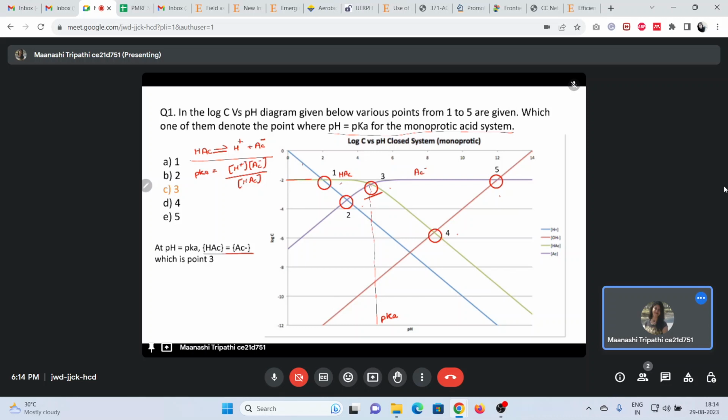Let's say we are talking about this point, or we'll talk about this point to cover this orange line as well. Here we have this H plus, we have this OH. So we are writing the equation: pH plus pHA.